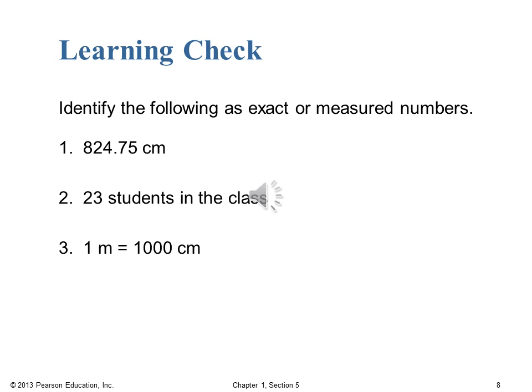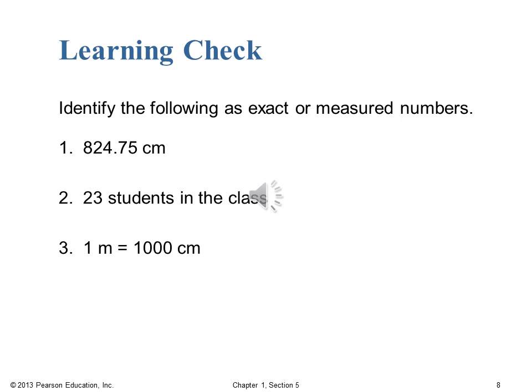Okay, so we've covered a lot of ground here with measured numbers and counted numbers and significant figures, exact numbers. Let's see how well we can apply these ideas. So here's a brief learning check. Looking at these 3 examples, let's identify the following as either exact or measured numbers. The first value, 824.75 centimeters.